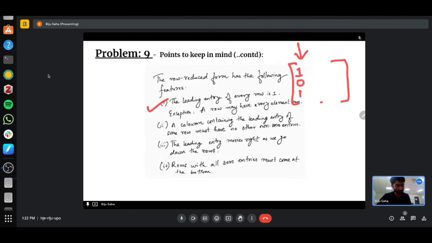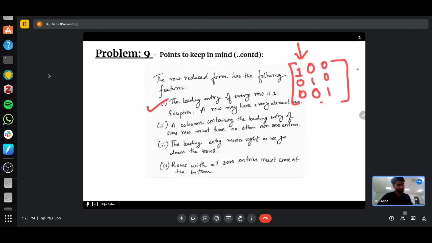Similarly, the leading entry in the second row always has to be 1, and all other entries in this column have to be 0. Now say there is a leading entry in the third row which appears here. All other entries have to be 0.